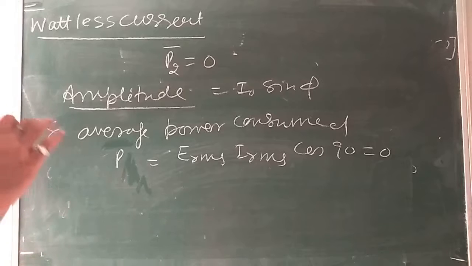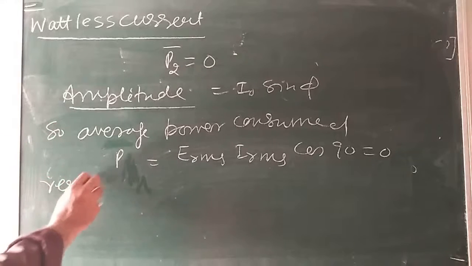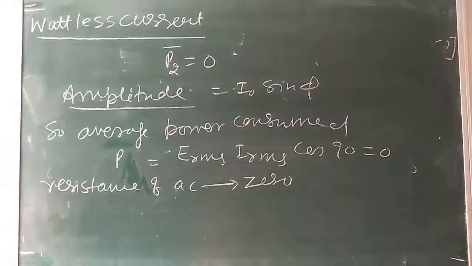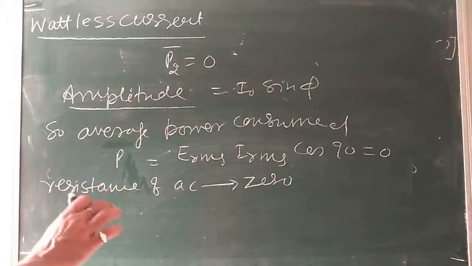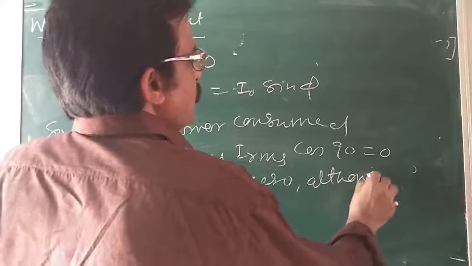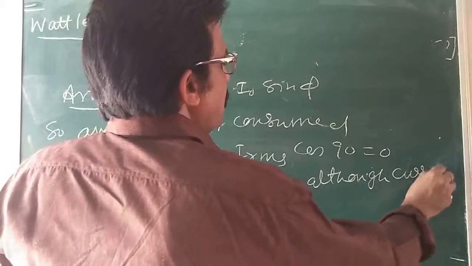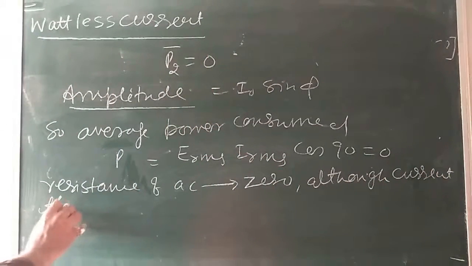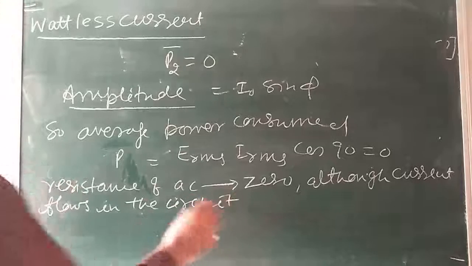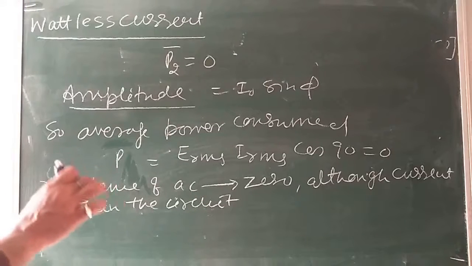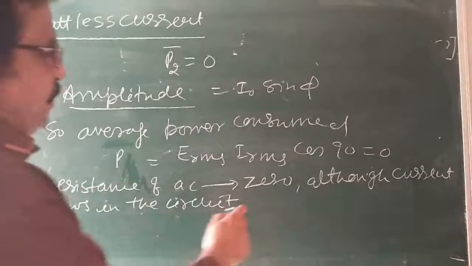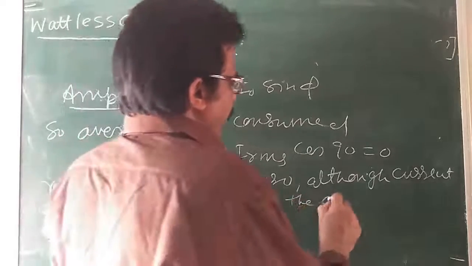Thus, if the resistance of an AC circuit is 0, although current flows in the circuit, the average power consumed in the circuit remains 0.